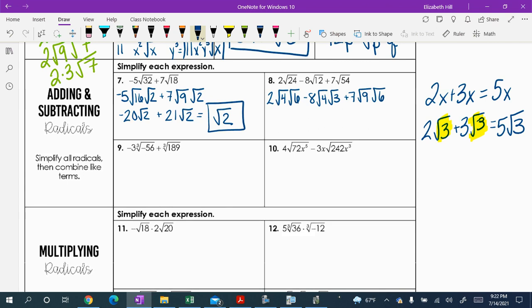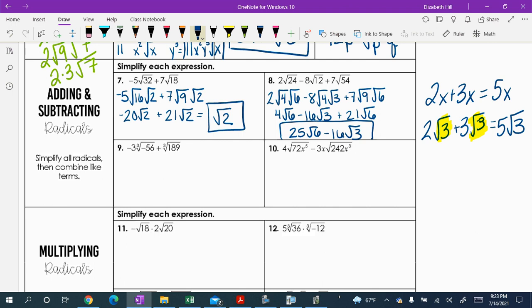Square root of 4 is 2. 2 times 2 is 4, so we get 4 square roots of 6 here. Square root of 4 is 2, so that's going to give us 16 square roots of 3. And square root of 9 is 3. 7 times 3 is 21, so I get 21 square roots of 6. Now I can't put all of them together, but I can combine my square roots of 6. So 25 square roots of 6 minus 16 square roots of 3 is what we're left with.